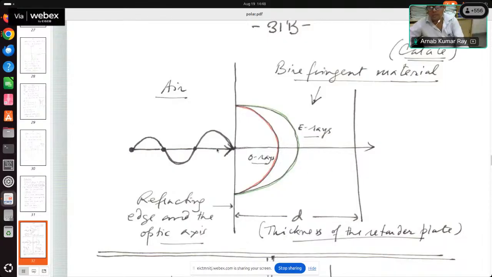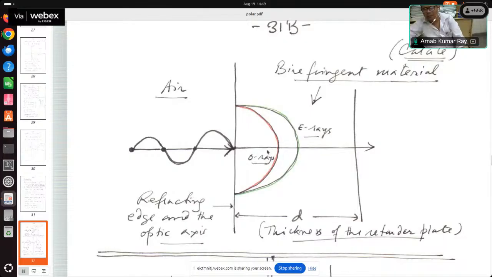Okay. Now here's the polarized light that is incident at this point. The polarized light has been decomposed into two polarization planes. One polarization state is on the page itself, and the other polarization state is perpendicular to this page, right? So these two polarization states you have, and they are impinging at this point. Thereafter, it's simple geometry.